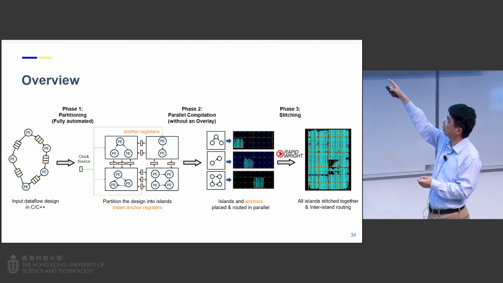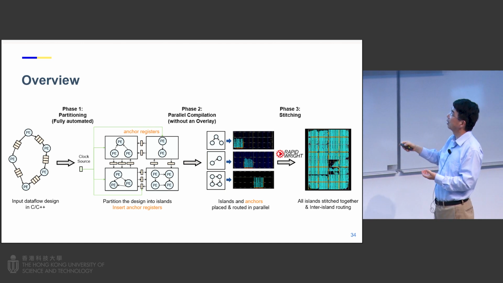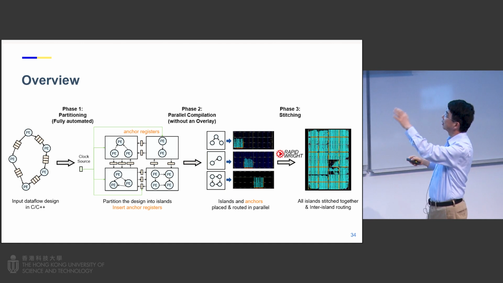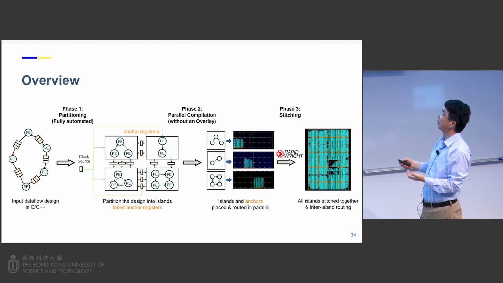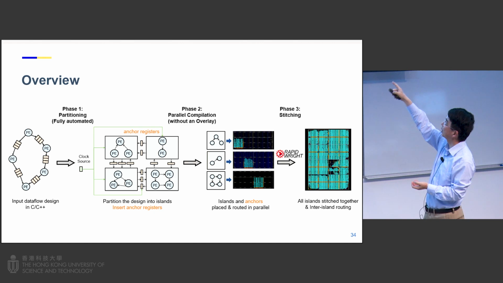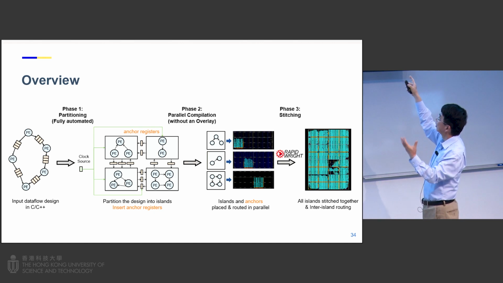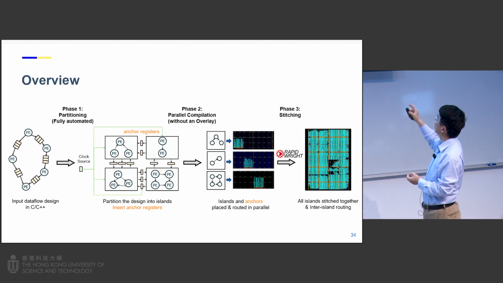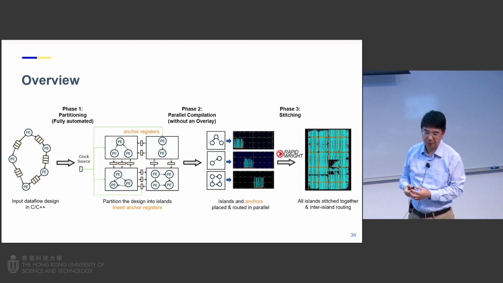And then we partition them into a few regions, and then we have boundaries that are separated by pipeline registers. Now each region can be placed and routed independently to its own physical region, right? And then I put the chip together.